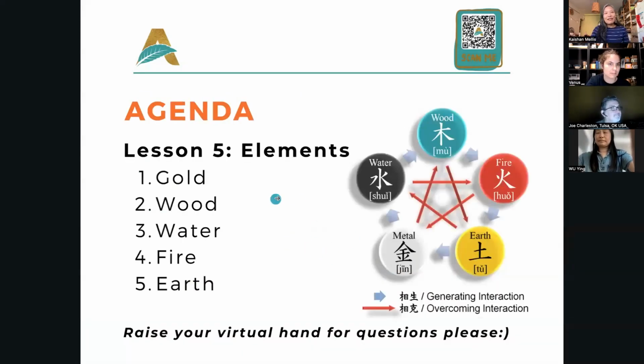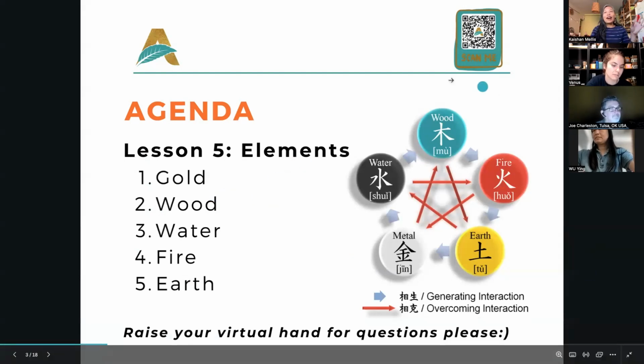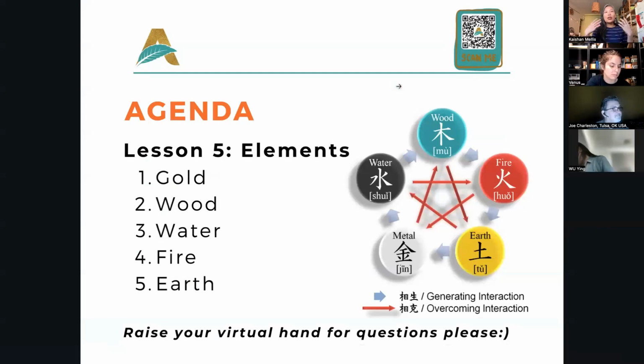Today, lesson 5, is about the 5 elements. These 5 elements are the foundation of the key Chinese philosophy concept for both feng shui and traditional Chinese medicine. Did you know that feng shui and Chinese medicine actually come from the same source?